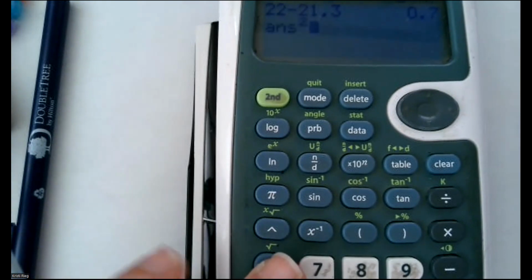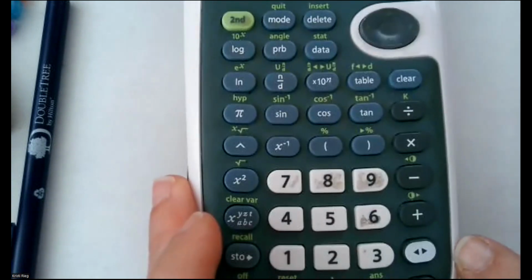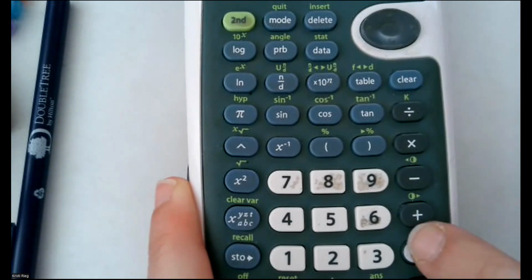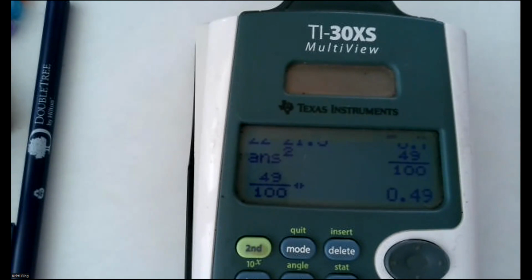If I just hit the squared button, it's going to take that previous answer and square it for me. This time it gave me fractions, but remember I can just switch back using this button next to the 3, and I get 0.49 as my squared.